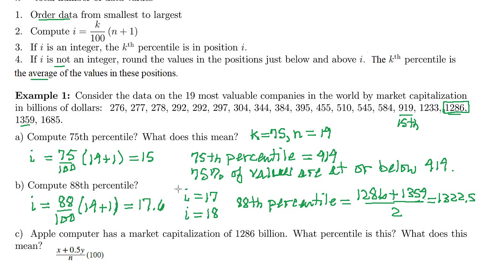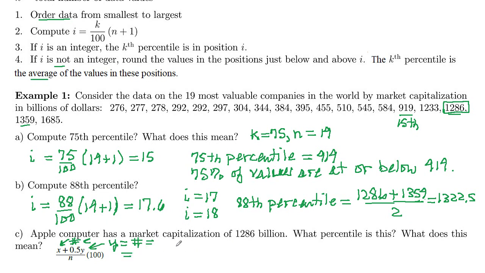We'll do that using the following formula, x plus 0.5y over n, where x is the number of data values that are less than the value you're comparing to, and y is the number of data values that are equal to the value you're comparing to. So that allows for repeated values.